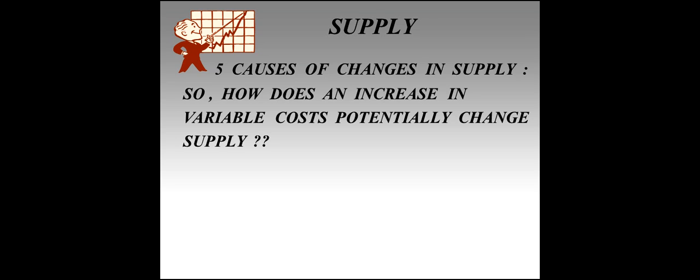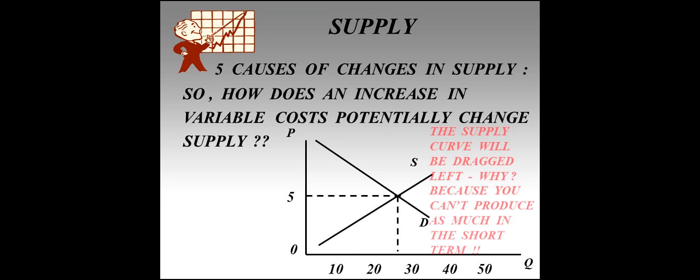So let's take a look at the classic supply and demand graph and show how this is illustrated. Here we have a graph that includes both the demand and the supply curves. Now, because I'm going to have to pay more for my supplies and therefore not be able to manufacture as much of my product as I had before, in the short term, I will ship less out to be sold.